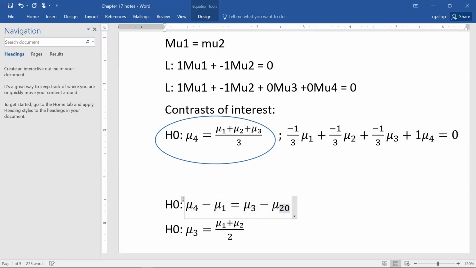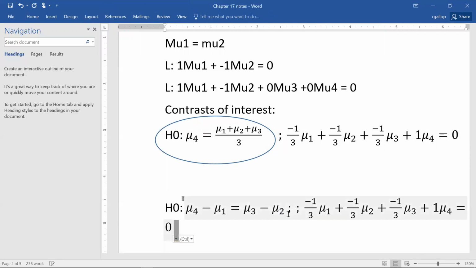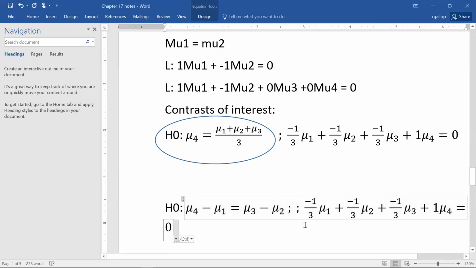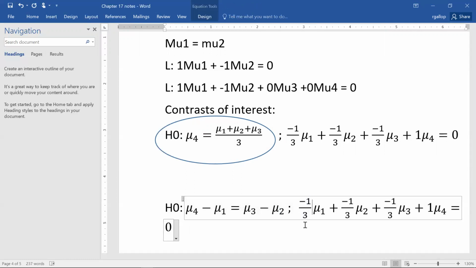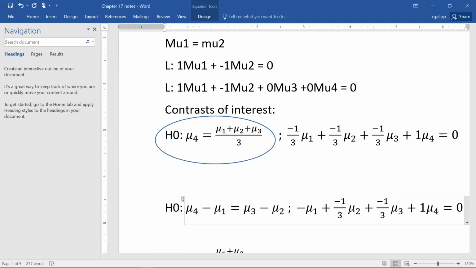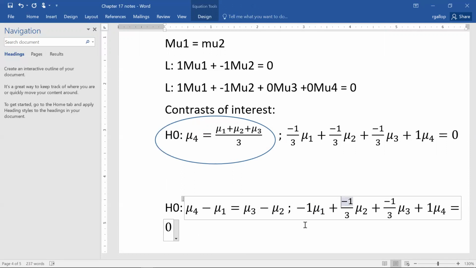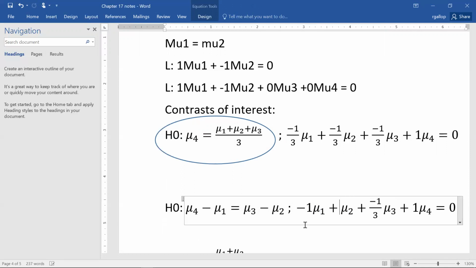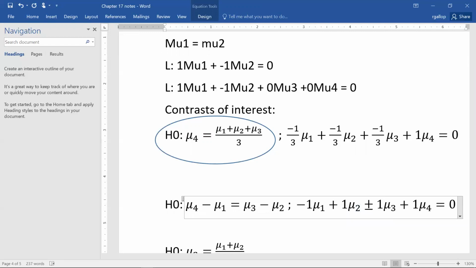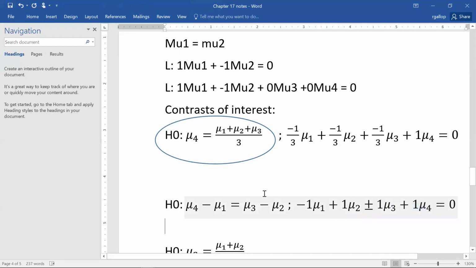So we can think of this part of the equation as minus 1 mu1, I put everything on the same side of the equation, plus 1 mu2 minus 1 mu3 plus 1 mu4 equal to 0. Again, to the right of the semicolon is the formal representation of the linear contrast.